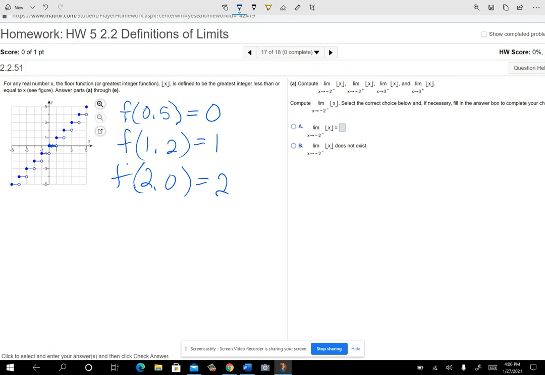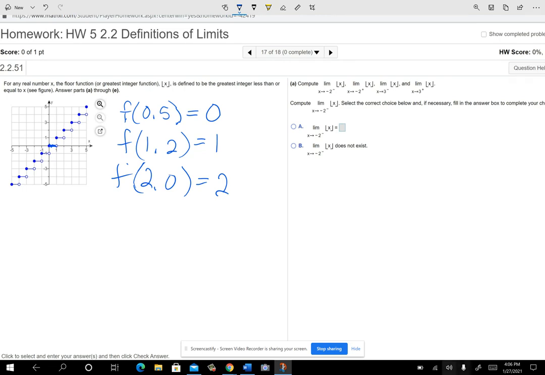All right, so you shouldn't have much trouble on these initial problems. This one's asking you to do the limit of the floor function as x approaches -2 from the left. So you think about -2, approaching it from the left, and you're down there at -3.